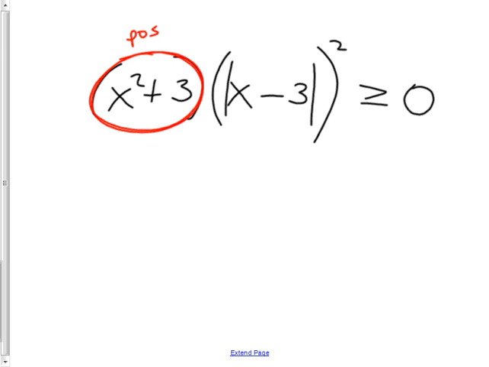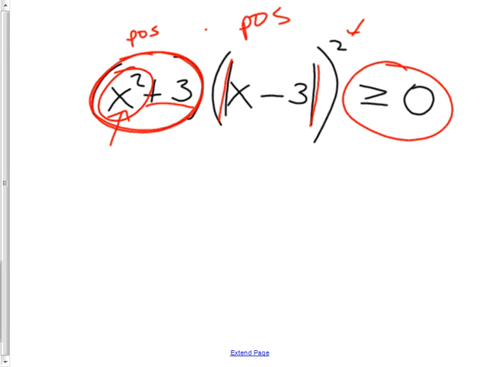If you haven't contemplated it deep enough, if you throw in anything you want in there, there's no way you're ever going to make this thing come out to a negative number. That can't be negative. So therefore, whatever it is going to get added to 3, it's only going to get bigger, so it's only going to be positive. And this here, it's absolute value, which makes it positive. And then it's squared. It's like double insurance that thing's got to be positive. Okay, so this is always going to be positive. If it's always a positive times positive, won't it always be bigger than or equal to 0?